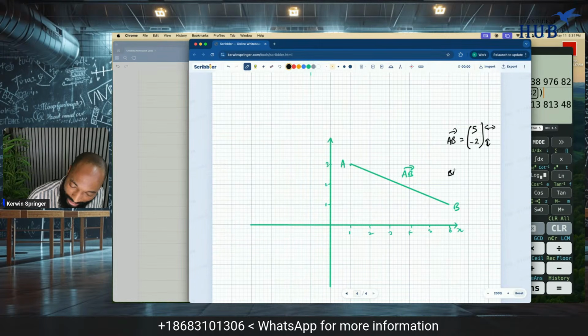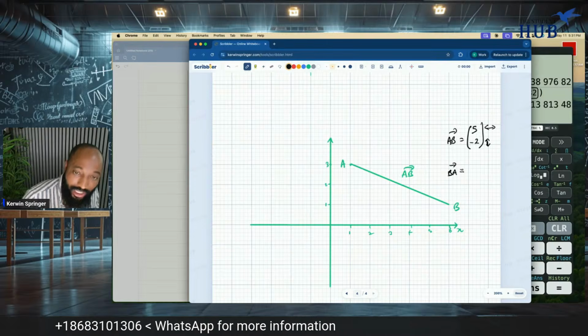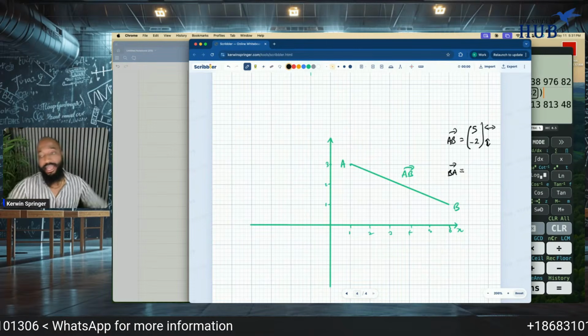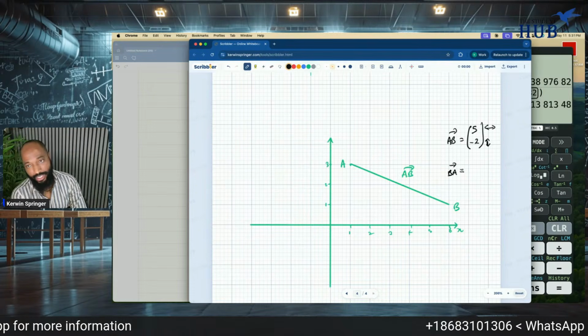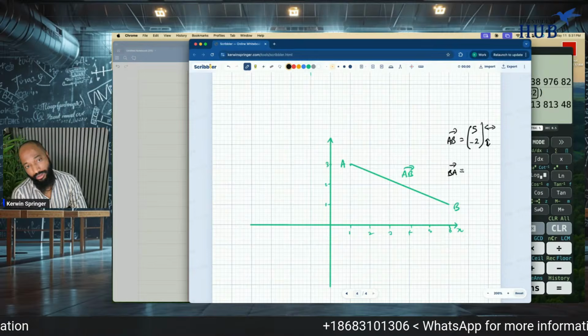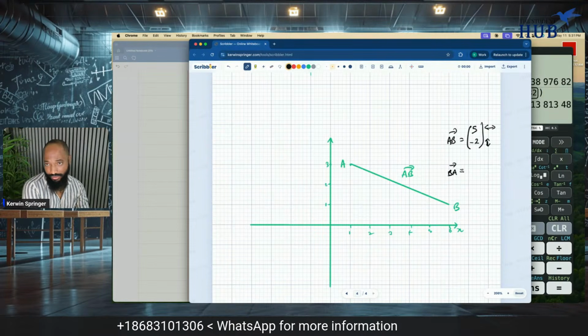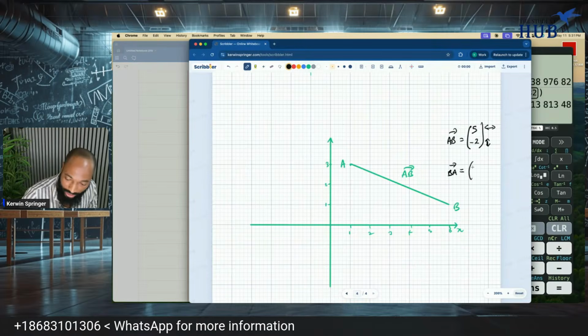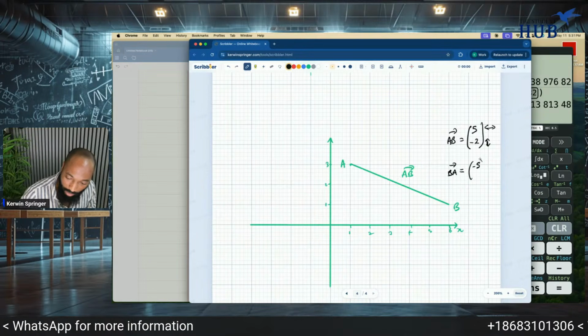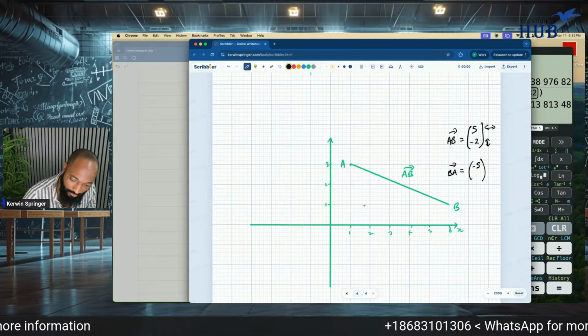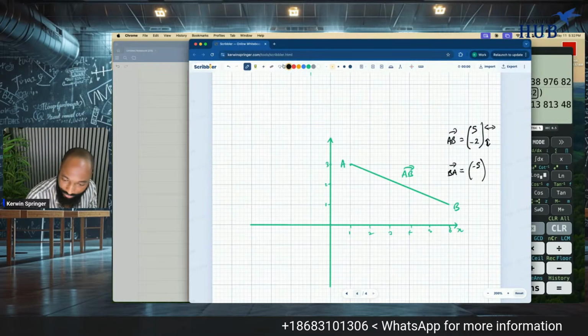What will be BA then, class? If I want to start on B and go back to A, what is BA now? Well, BA, I'll have to go backwards 5. So that means it's going to be negative 5. And then I'll go up. Up is a positive movement. So backward 5. Catching it, class?